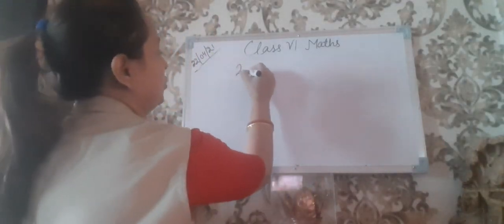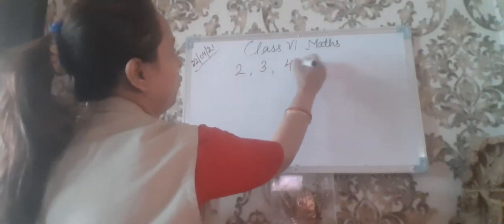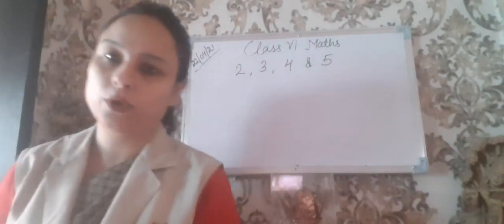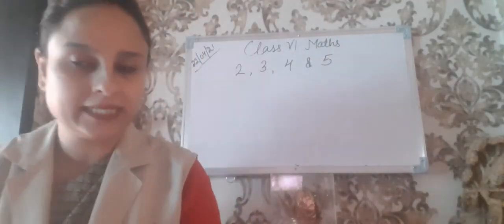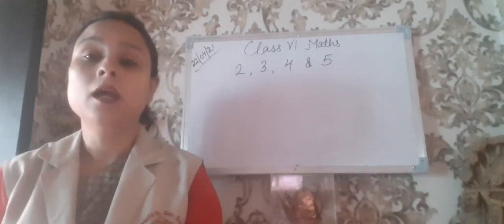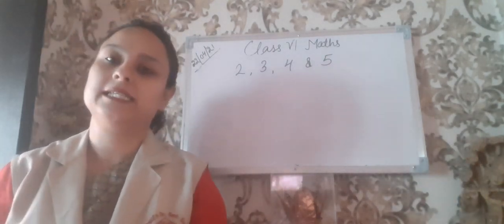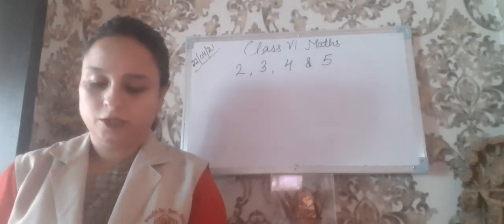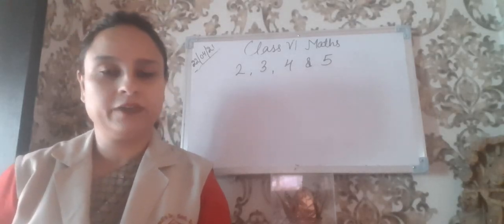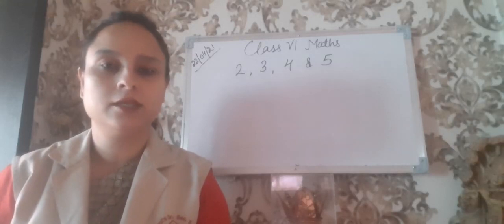We already did the divisibility test for 2, 3, 4 and 5. Let's just quickly recap what we learned. The first one was the divisibility test for 2. How do we find out if a given number is divisible by 2 or not?